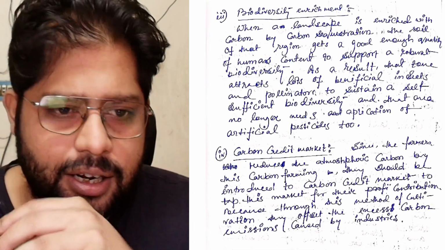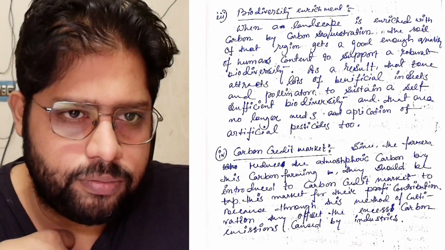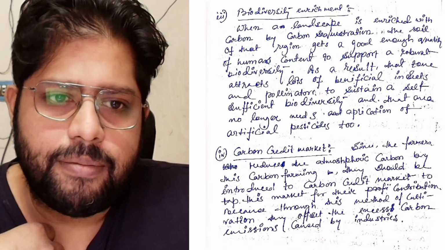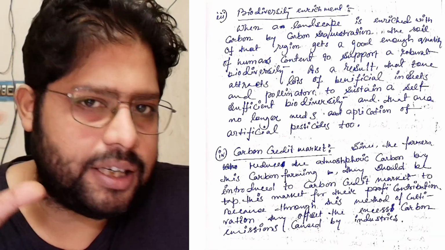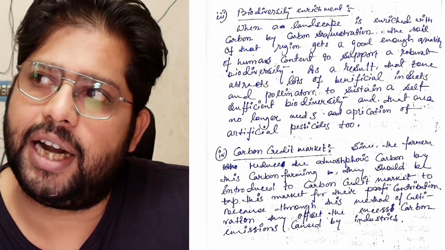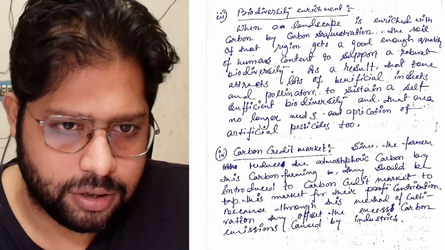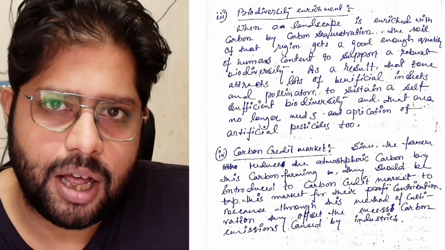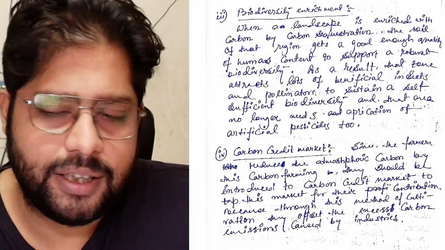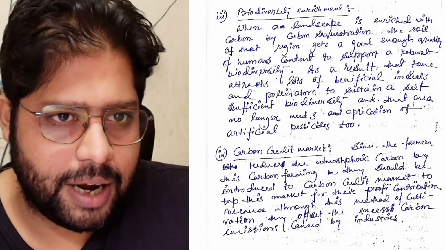This is the rule right now. Now if I am assigned 100 tons of CO2 for emission, and if I exceed that limit, and the emission of my industry becomes 120 tons, that means I am exceeding it. I have exceeded this limit by 20 tons.